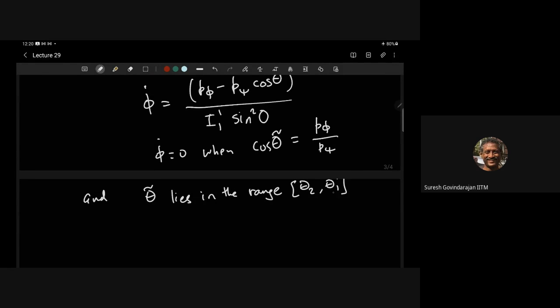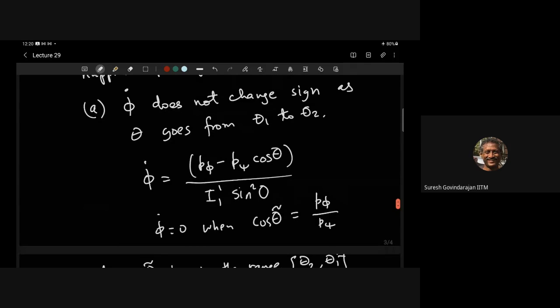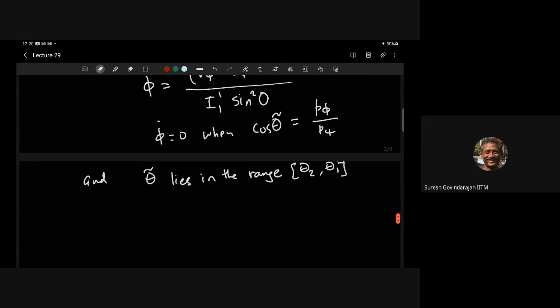Remember theta 2 was less than theta 1. Is this clear? Only then this can happen. Okay. Is this point clear? Yes. Okay, so this is because theta is only varying from theta 1 to theta 2, and if it doesn't pass through 0, then it's not going to do that.